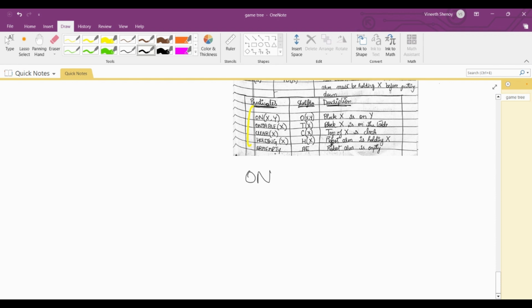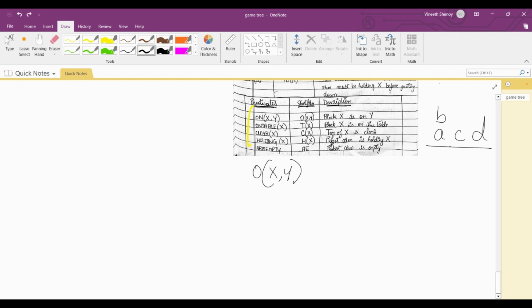First, we have on. In short form, we can write it as O, O of x comma y. Now we will take an example of blocks, let's take the textbook example B, A, C, D. Here B, A, C, D are blocks.